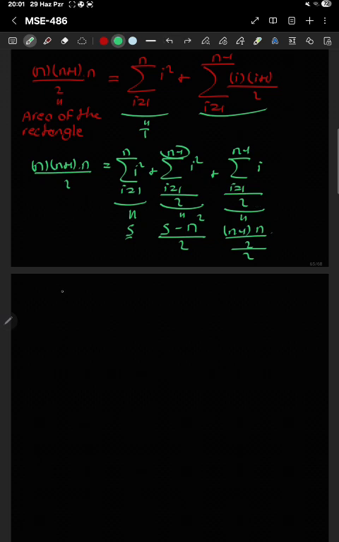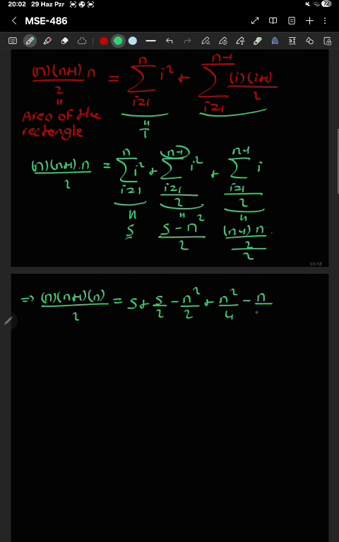So we have these terms, and lastly, what did we get? n times n plus 1 times n over 2. This is equal to s plus s over 2 minus n squared over 2 plus n squared over 4 minus n over 4, right?